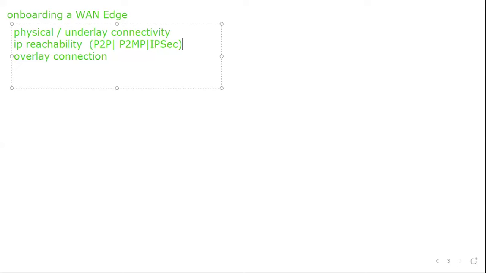Once the physical connection is up, after that we'll talk about the overlay connections. Now for the overlay connection, whatever physical interface is there by which the physical connectivity is established, over that physical interface we will be creating a tunnel interface.